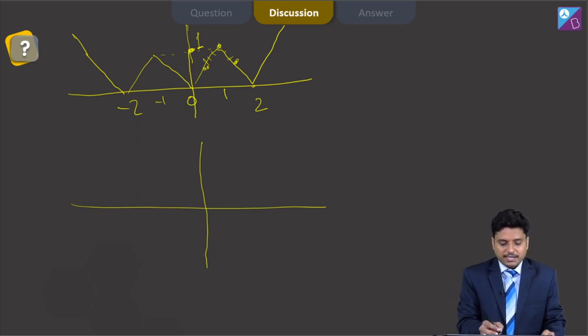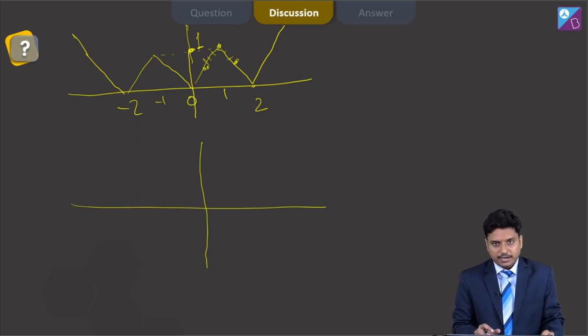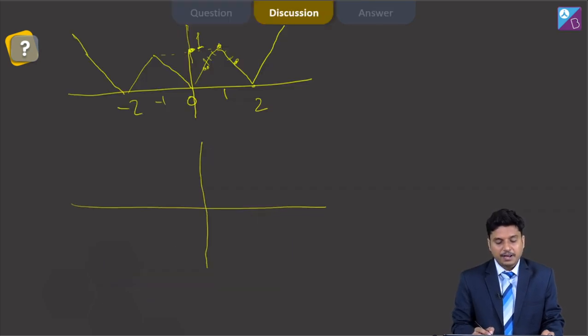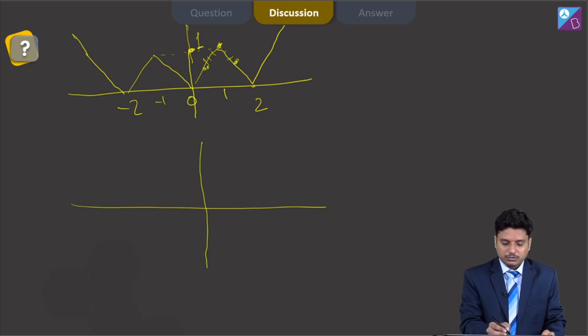On the right hand side, for g of 0, you have to get the values where t varies from 0 to 1, and now I have to find the maximum value possible for f between 0 and 1. That is obviously this 1 itself. So f of 1 will be the maximum for 0.